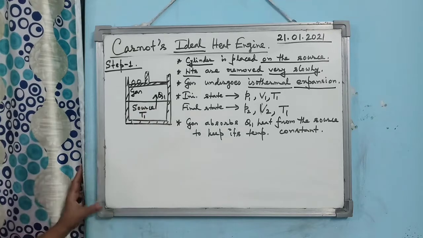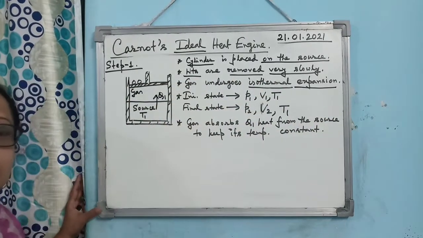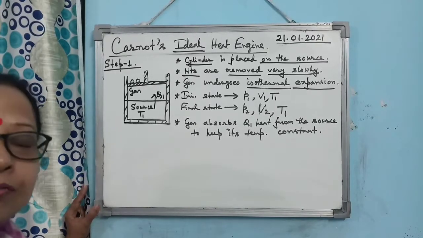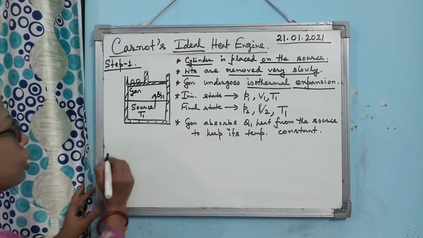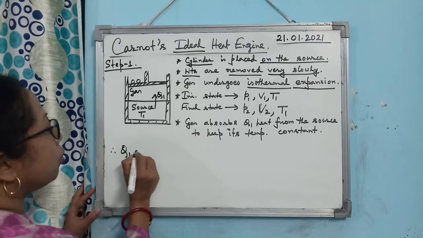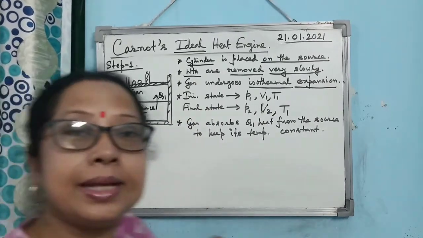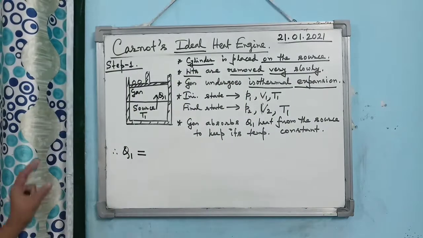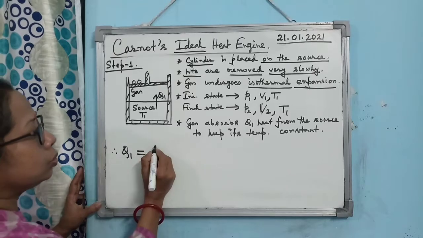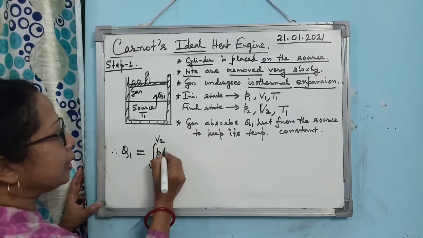So you can show it in the diagram. This is the way, point-wise, one can write down every step performed during the first step of Carnot's ideal heat engine. In this case, you can write Q1, as it is an isothermal process. Already we have done it, dU will be 0. So dQ is equal to dW, and you can write that Q is equal to W, and W is the integral from V1 to V2 of PdV.